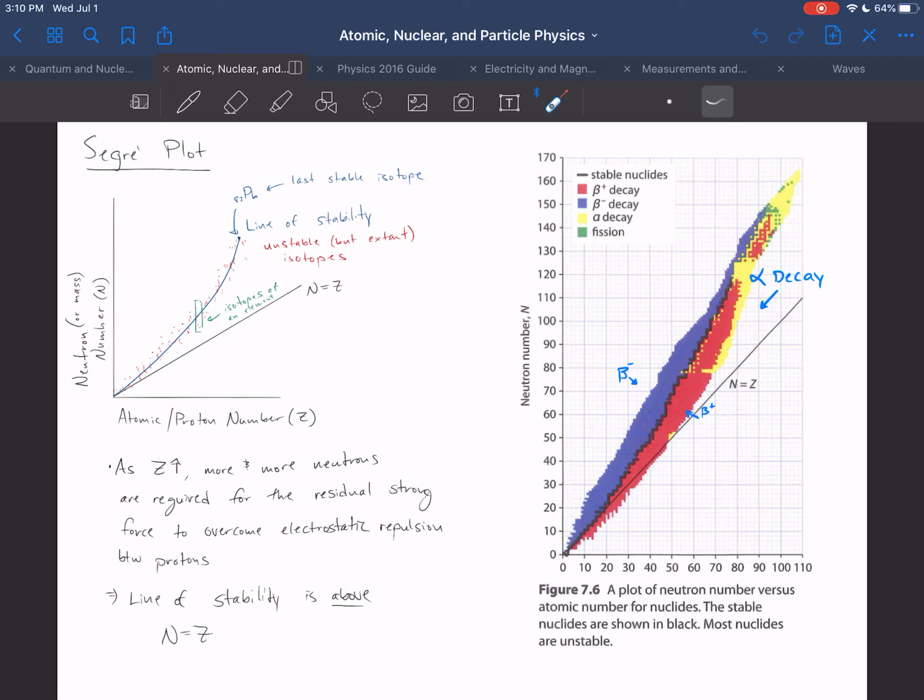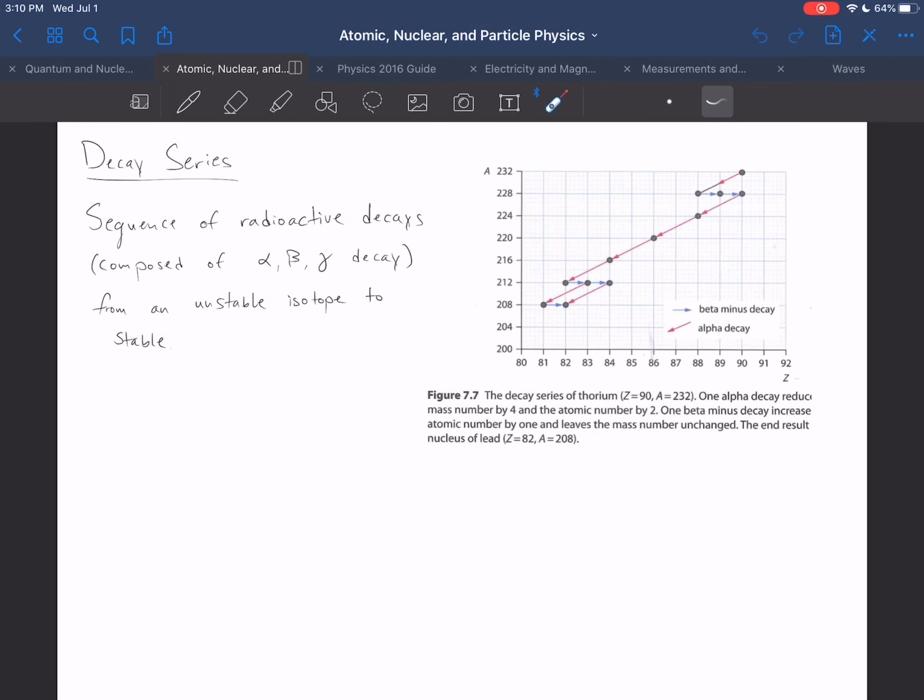Instead of decaying all at once in one fell swoop, as in the case of these green fission dots right here, usually you actually get a series of decays, and your parent nuclide becomes a daughter nuclide further down the chart in a series of beta minus, beta plus, or alpha decays.